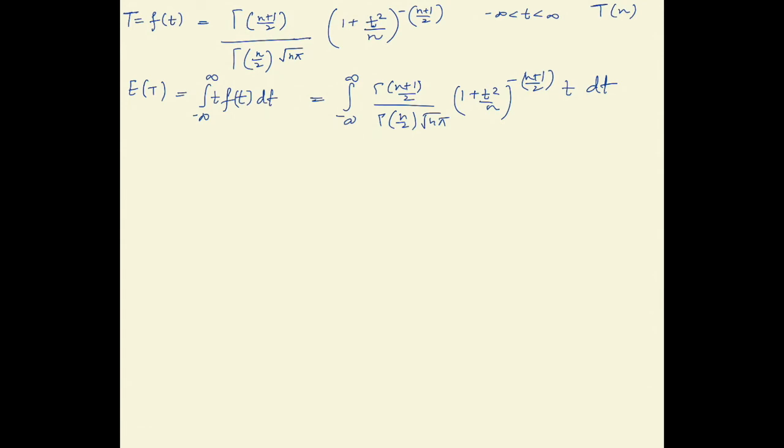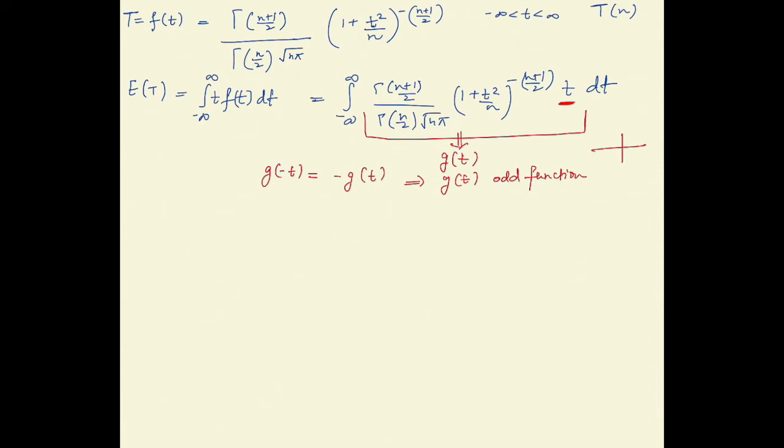So this integral, let's say this function is g(t), and we can see that if we replace t by minus t, g of minus t is simply minus of g(t), since this t will become minus t, everything else will remain the same. g of minus t is minus g(t), hence g(t) is an odd function. So the property of an odd function is that it is anti-symmetric about the origin.